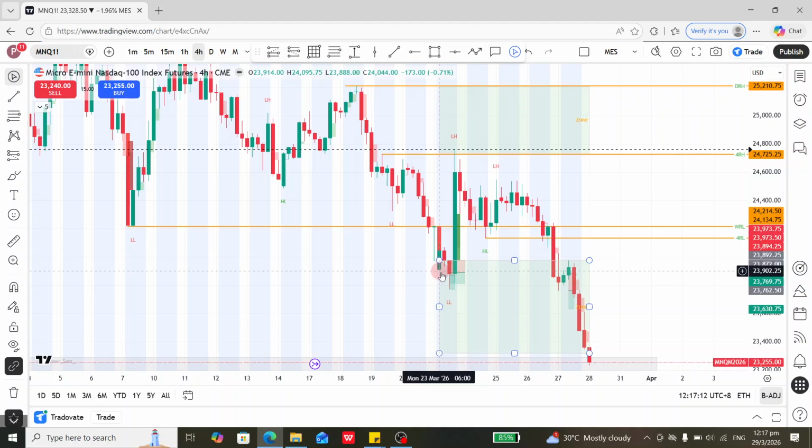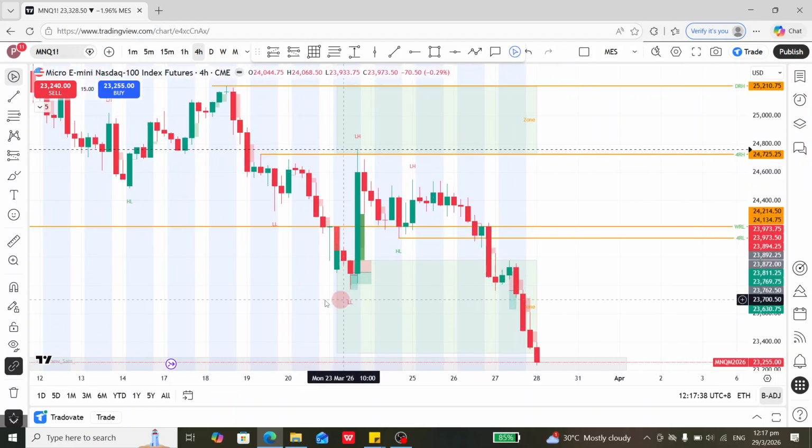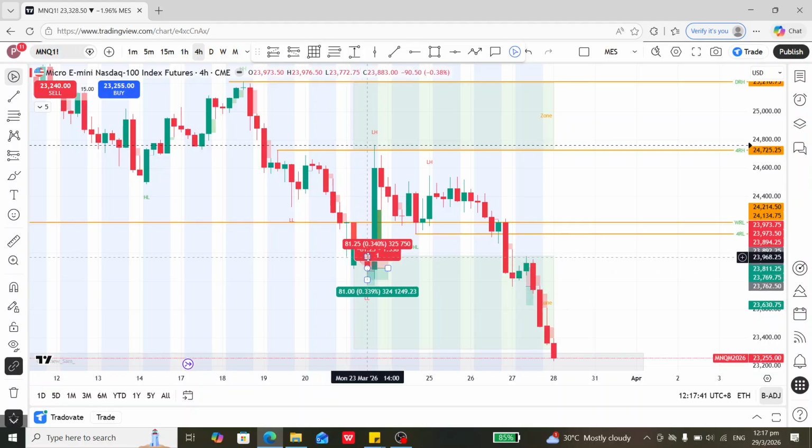But when I woke up, the market had already rejected back, so I didn't enter. My plan was: if the market comes back below the Monday open, then I sell. This is a 4-hour candle. After these two candles, around the London session, 2 p.m. Singapore time, this 4-hour candle is like that.